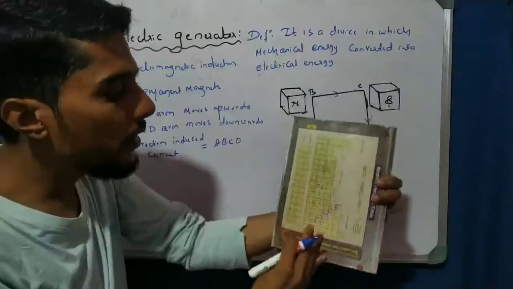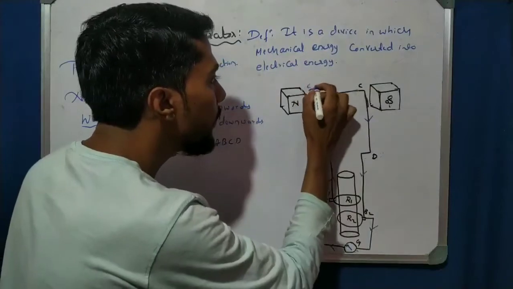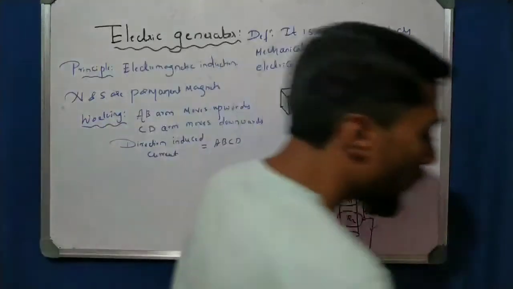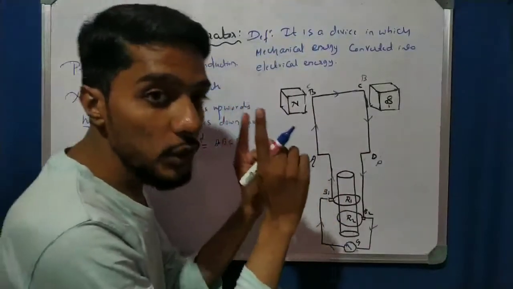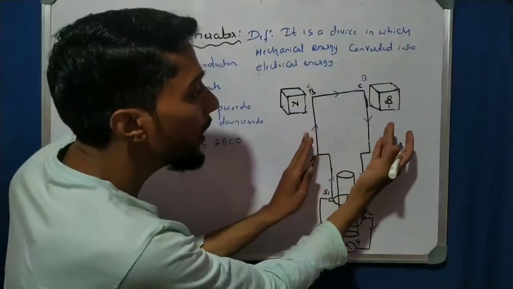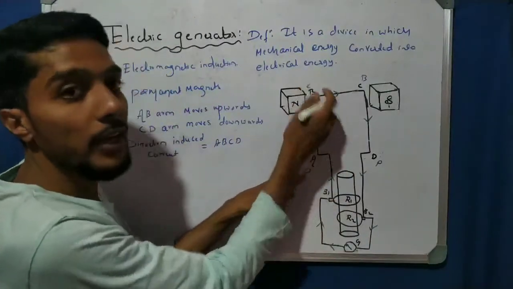After half rotation, D comes here, C comes here, B goes there, and A goes there. So it is reversed. In the first rotation, the direction of current is from A to C, but after every half rotation, the direction of current is from D to C, the reverse.